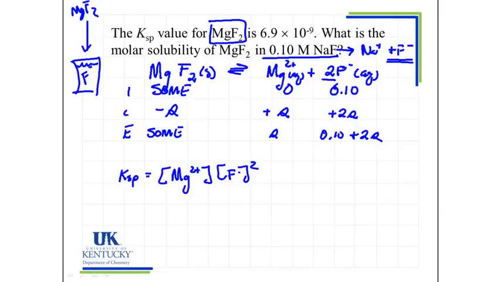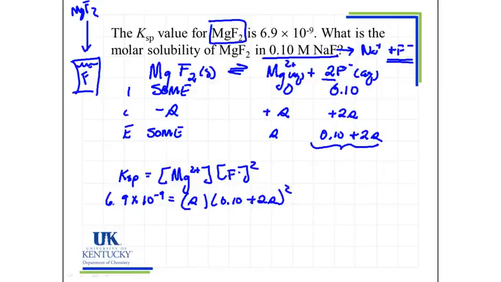I know KSP's value was 6.9 times 10 to the minus 9. The magnesium is represented with S, and the fluoride, we look right here, it's 0.10 plus 2S, and now I'm ready to square that value. The S is very small, and it's so small that even if we double it, it's going to be very small.